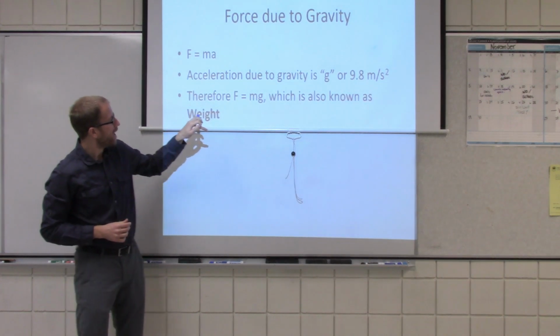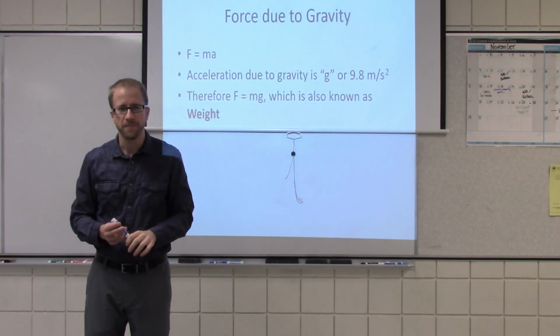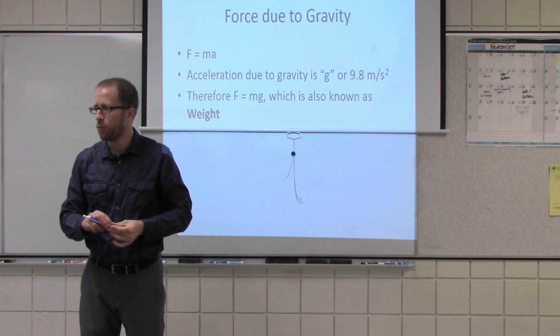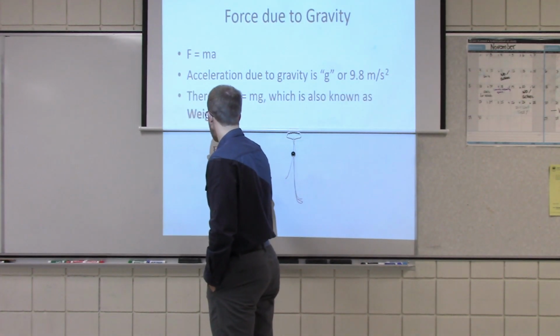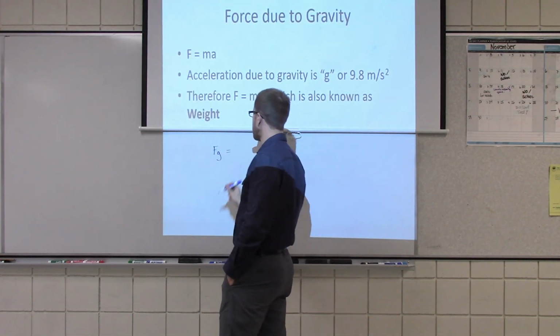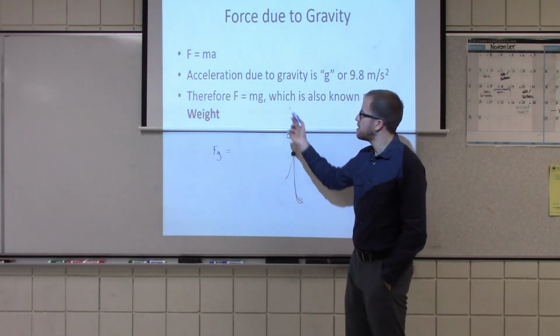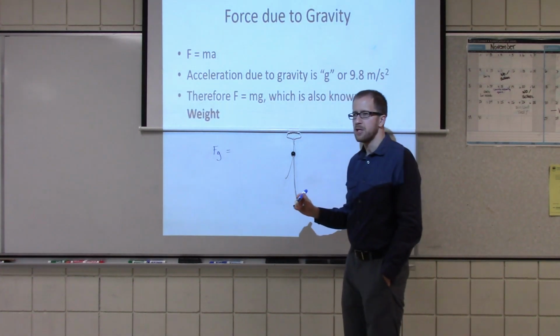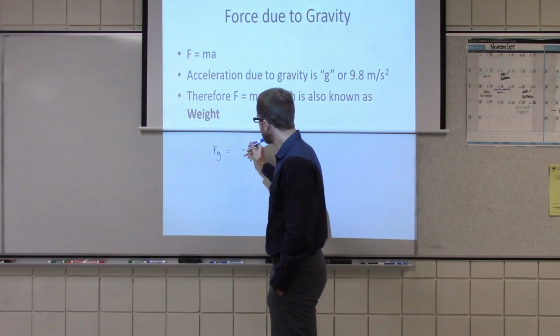Now, how then do we figure out somebody's weight, their force due to gravity? We're going to use Mr. Salt as an example. So my force due to gravity, Fg is what we're going to write it as, is going to be mass times acceleration, and my acceleration here is 9.8 meters per second squared. I'm feeling a little lazy though, I'm just going to round that up to 10.